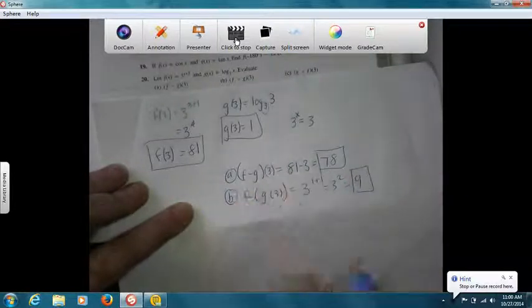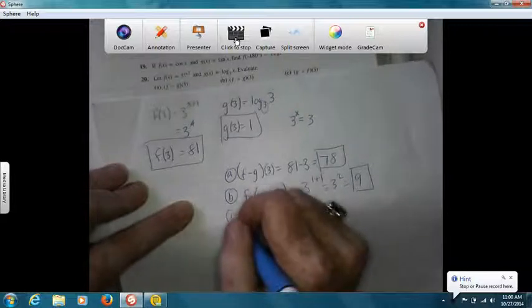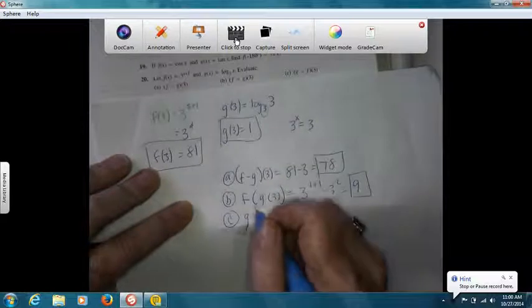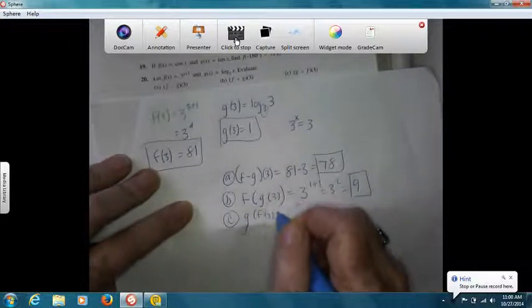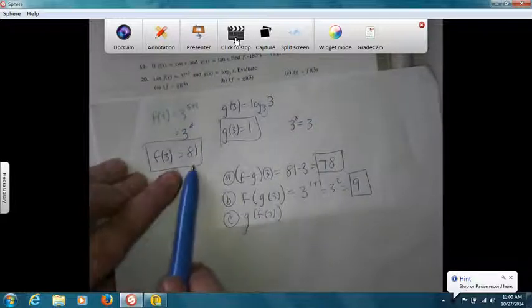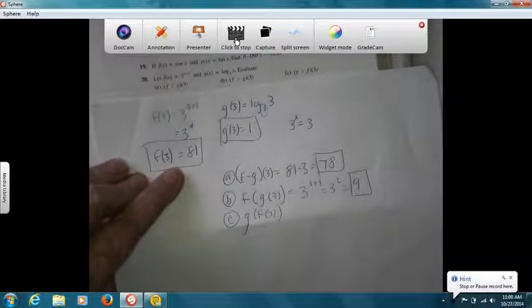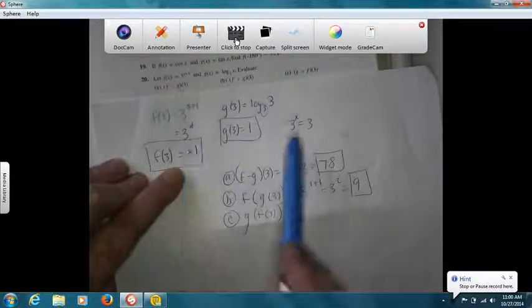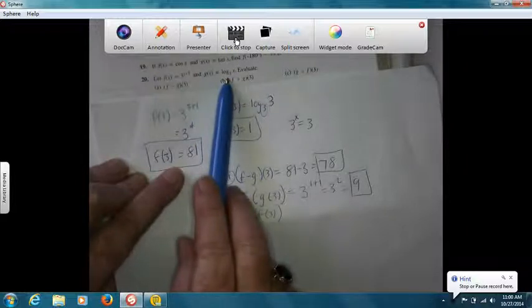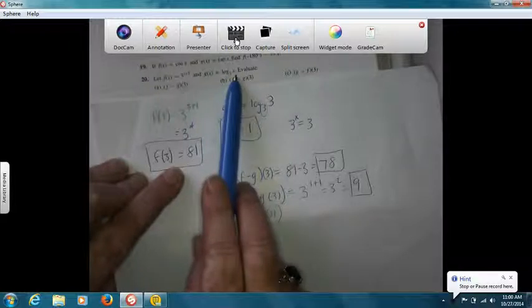And then C says g of f of 3. So take f of 3, which is 81, and plug it into the g function. So I have to go log base 3 of 81.